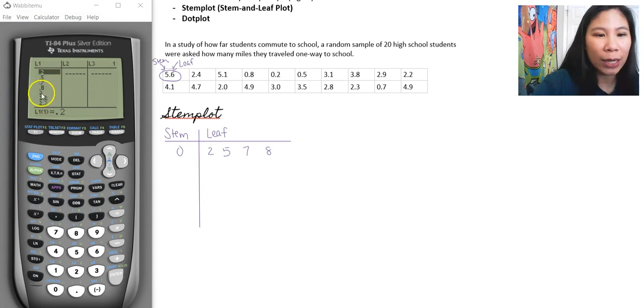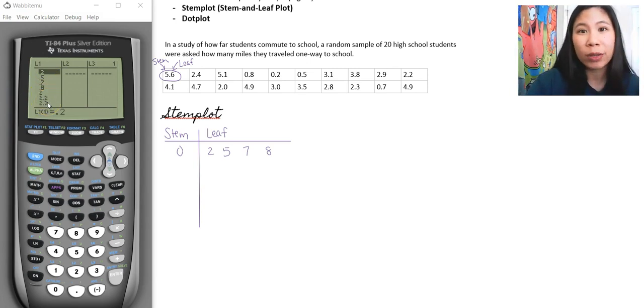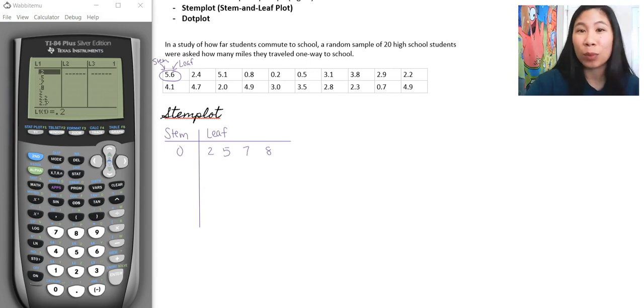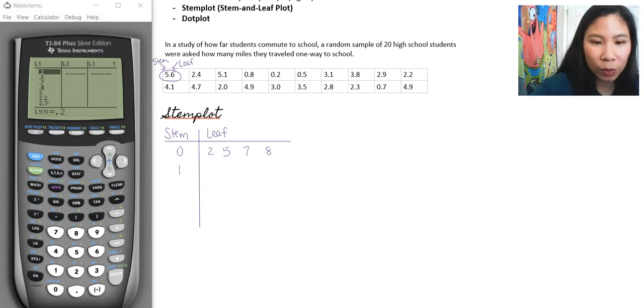Then the next number I have after that is a 2. So our stems have to go in order. If I have a stem of 0 is where I started, then the next number after 0 would be 1. So I have to write a 1 next, then a 2, and so on.